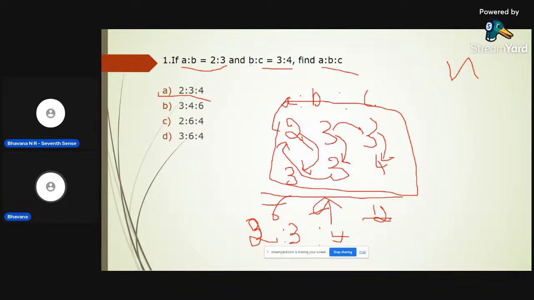You multiply this with this, and this with this. That is 2 is to 3, then 3 is to 4. So for this, use the reverse N format. This is the trick to find the answer easily.